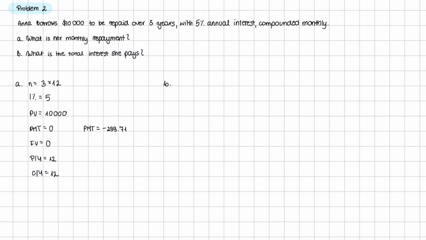And in point B, we have to calculate total interest she pays. So of course we have to take our PMT, so minus $299.71 times, and she pays it for 3 years, but every month.